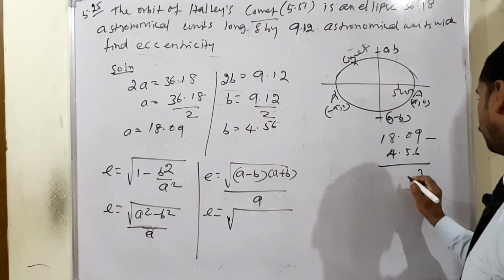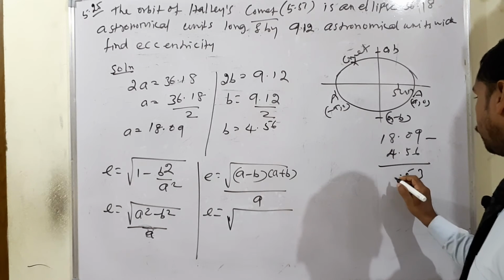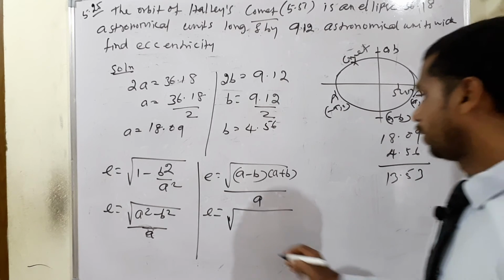So 9 minus 6 is equal to 3, 10 minus 5 is equal to 5, 8 minus 4, 7 minus 4 is equal to 3. That gives 13.53.